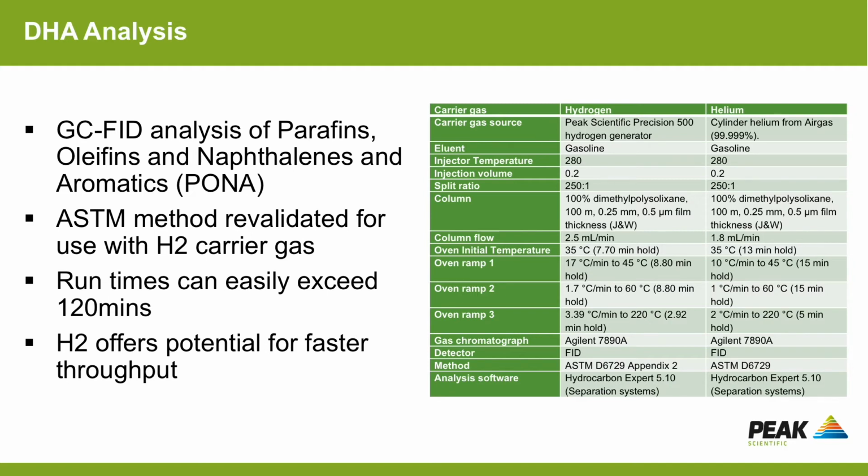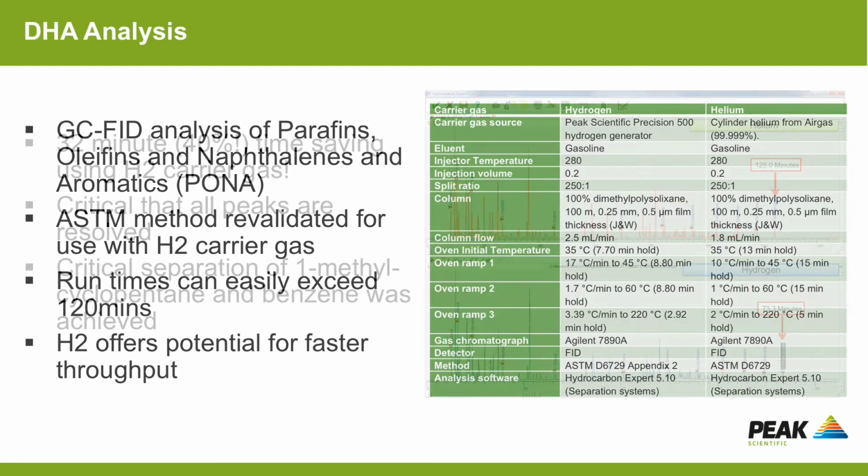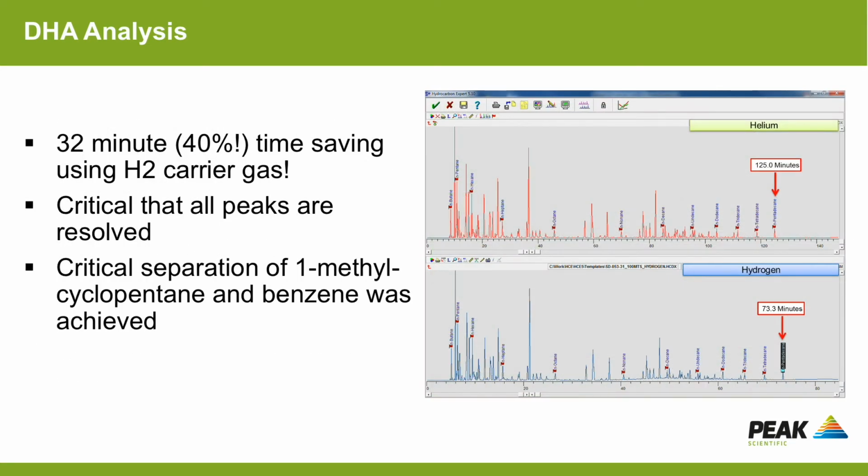So if we have a look at the chromatograms, you see the helium on the top and hydrogen on the bottom, and there's a considerable time saving when using hydrogen. So getting a 40% time saving, 32 minutes shorter using hydrogen than helium.